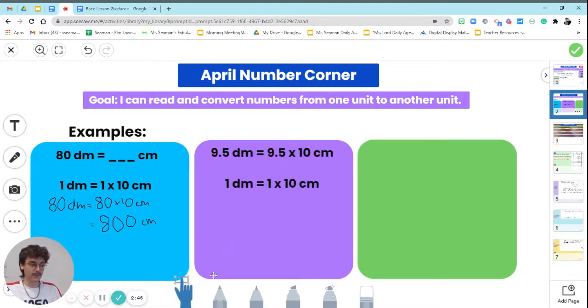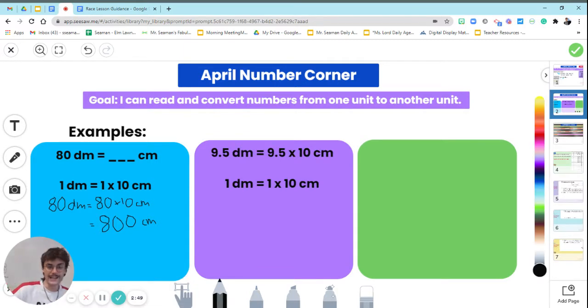Now, another example is 9.5 decimeters. How we can solve for that is we can multiply the decimeters by 10. So 9.5 decimeters equals 9.5 times 10 centimeters.